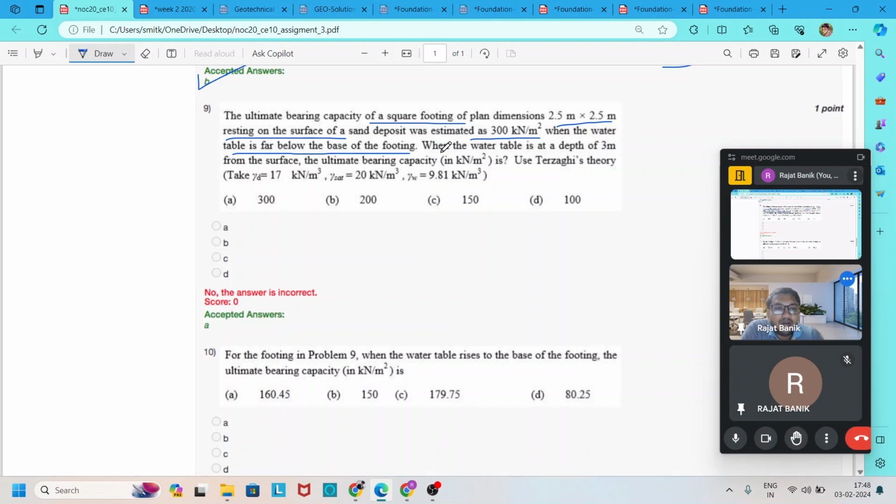We have to find the ultimate bearing capacity when the water table is at a depth of 3 meter from the surface.